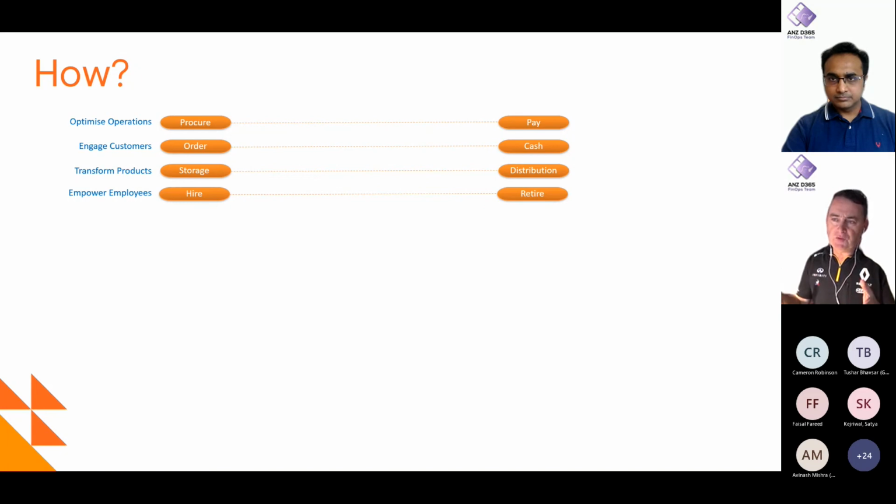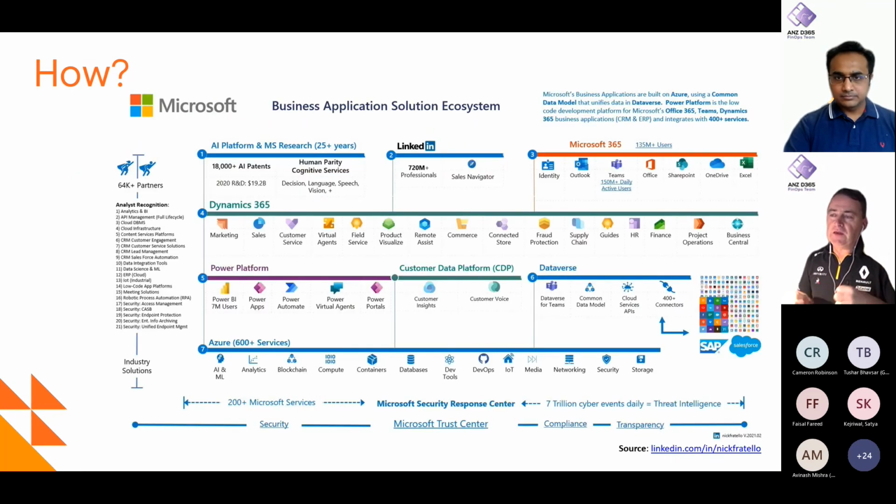These processes are the end-to-end aspect of a business, and in order to support them, we're using lots of different technology. Microsoft have an incredibly rich tapestry and library of business applications that we bring together to support those business processes.